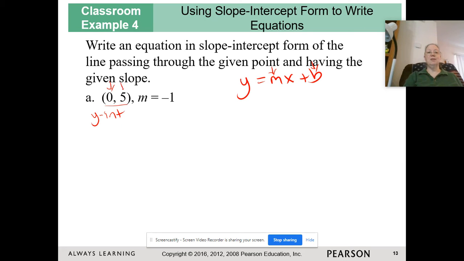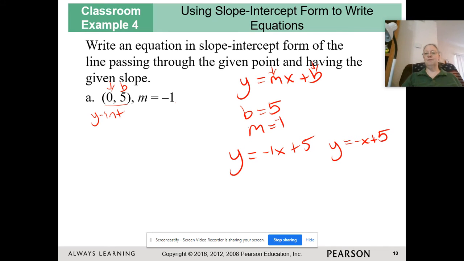So that tells me that I have my b equal to 5. And it also told us my m was equal to -1. So I'm going to substitute in, replacing my m with -1 and my b with 5, and you can write this as y = -x + 5.